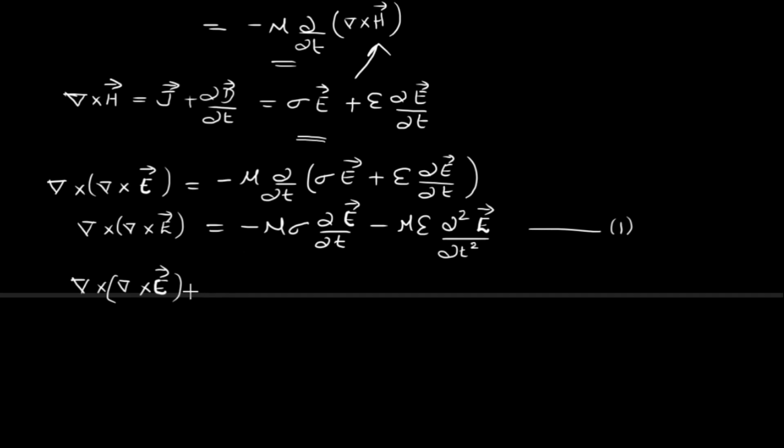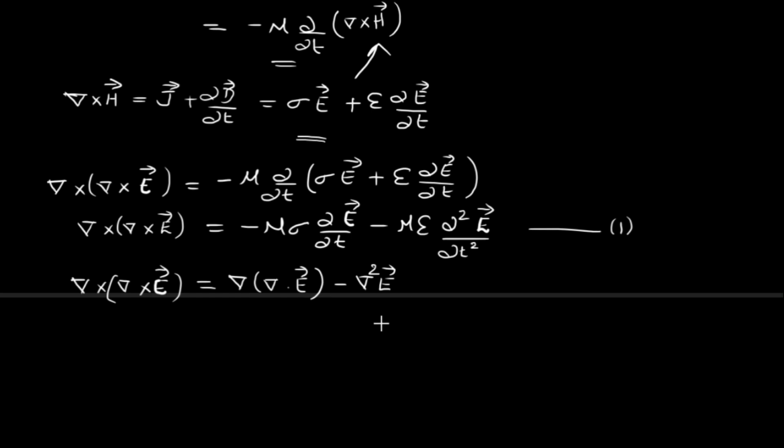The curl of curl of any vector is del of the divergence of that vector minus del square of that vector. That is, curl of curl of A equals del of del dot A minus del square A.